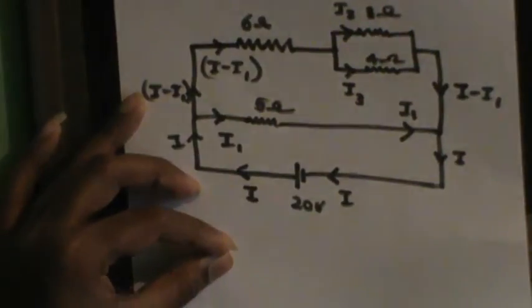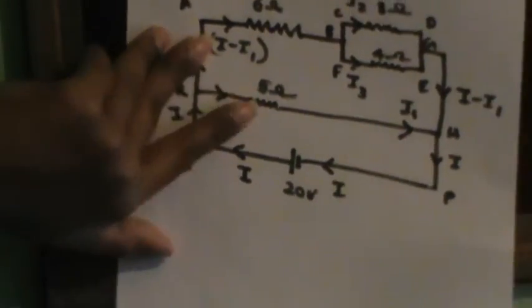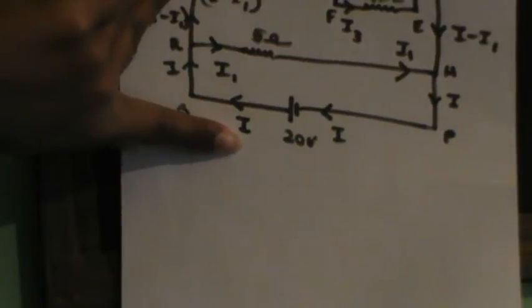Alright, I'll take some arbitrary points: A, B, C, D, E, F, G, H. I take these to be P, Q and R, otherwise I'll confuse the ampere and the current I took with the points if I take G, H, I, J like that. So A, B, C, D, E, F, G, H, P, Q and R are the points that I am taking.